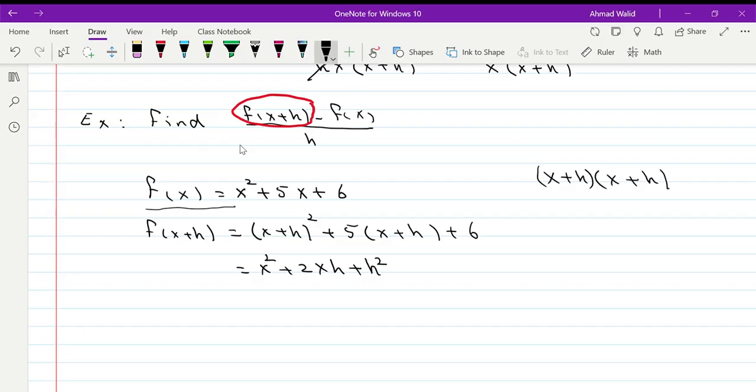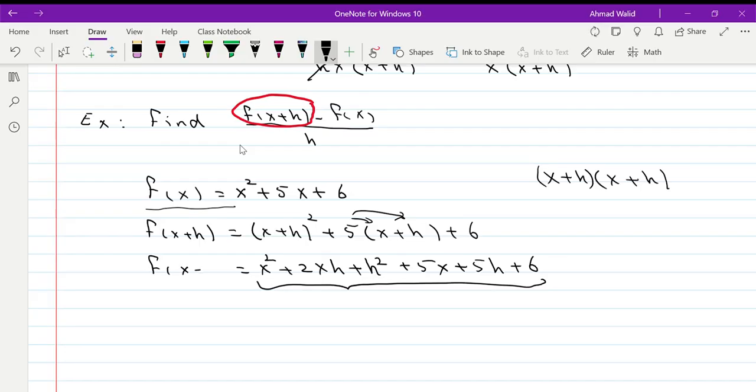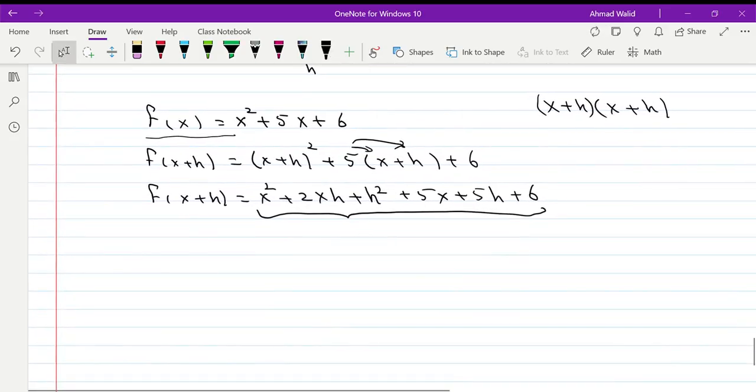Correct? Now distribute 5 to the second parentheses. Plus 5x plus 5h plus 6. Correct? Do you have like terms? No. That's your f of x plus h. Now use your formula, plug in.